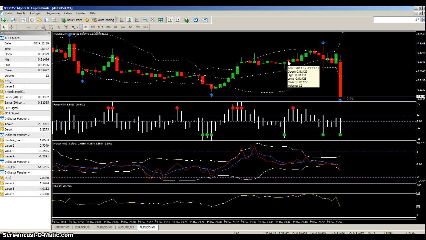The hard rules are that we have to have a dot on the MTM, that the red line has to break the -6 or +6 level from the vertex indicator, and that the RSI line has to break the 70 or 30 level to enter a trade.